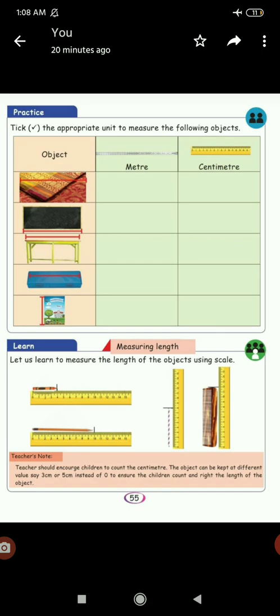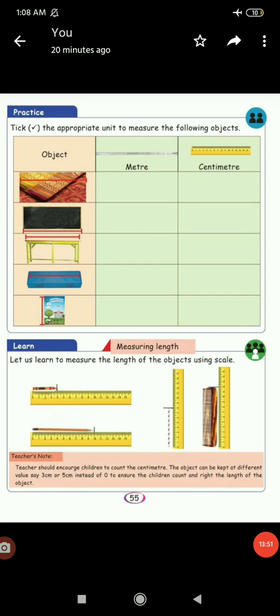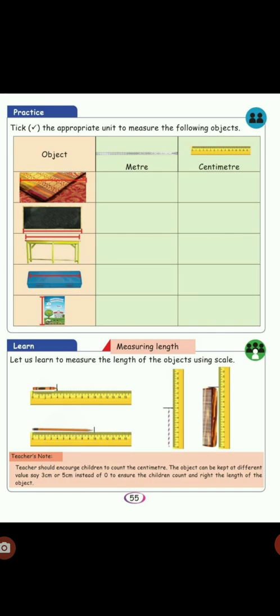You can see 1, 2, 3 written like this on the scale. With the help of the centimeter, we can measure the length of a photo frame, textbook, box, etc. Okay, next, meter. The short form for meter is m.